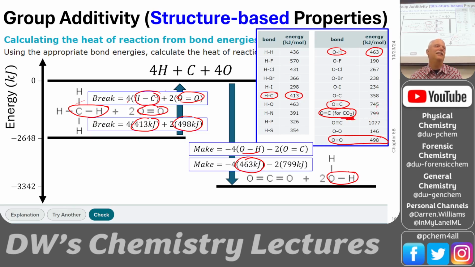Okay, and it's substantially different. Okay, and so we're going to use this one because we're making CO2. So this is the carbon double bond to oxygen in CO2. That's 799. So if you use the wrong one, you're going to get the wrong number, and you get the wrong answer. And there's 2 of those because CO2 has 2 of those bonds.